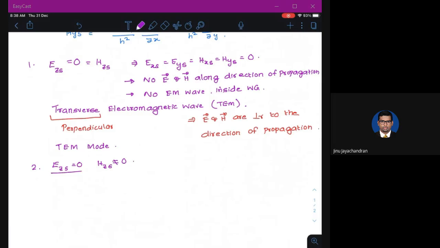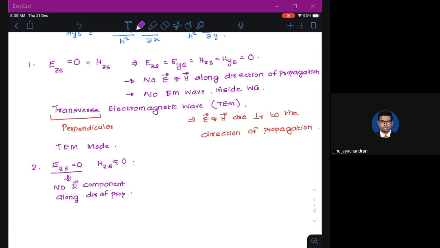So this being 0 implies there is no electric field component along the direction of propagation.